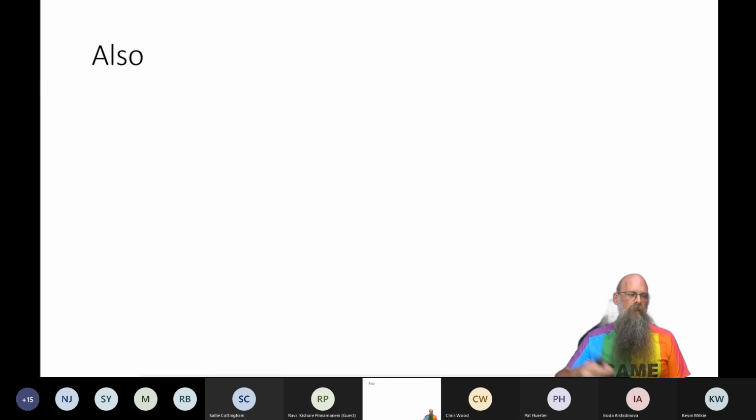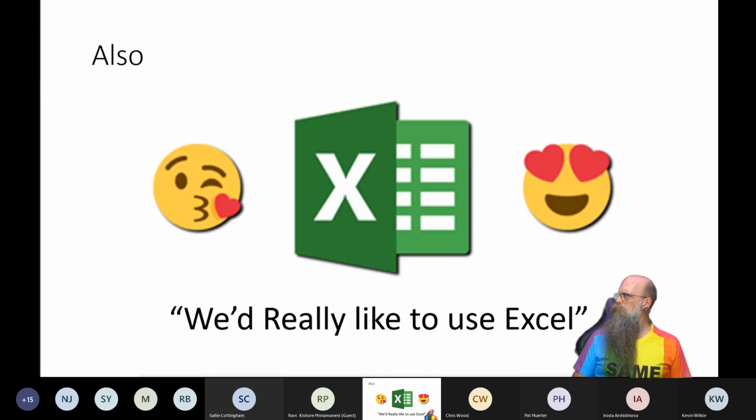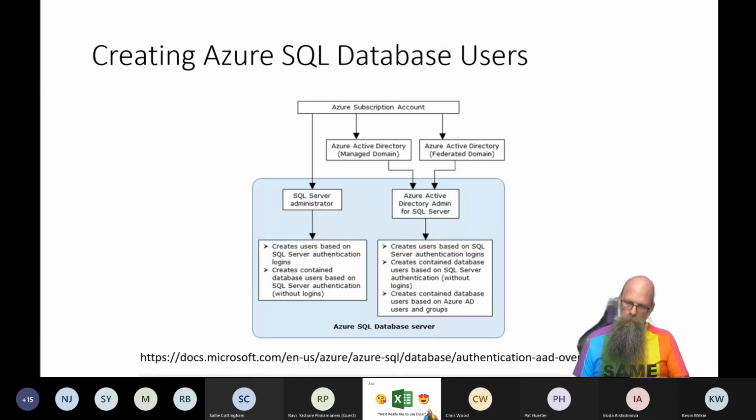And they said, good, because the thing is, what happens now is we use Excel and we really like it. So we want to carry on using Excel, please. Okay. We can do that, I suppose. So that's what we did. And that's what this presentation is about.